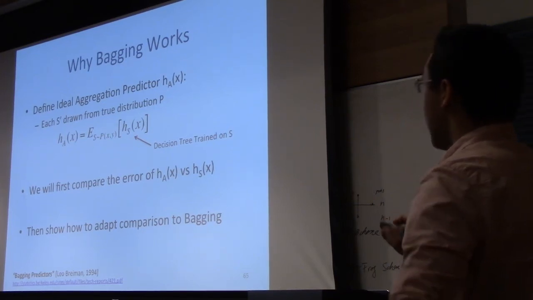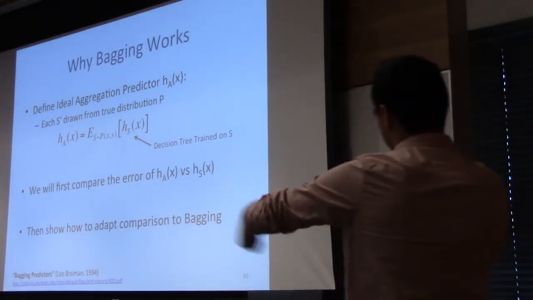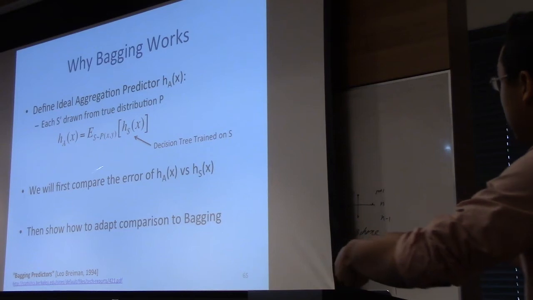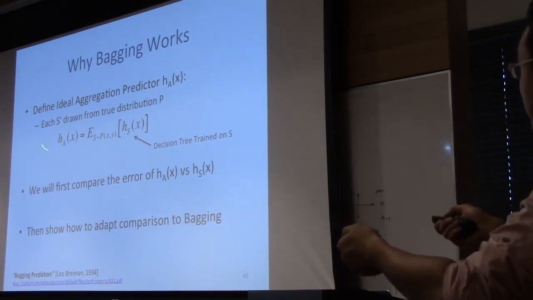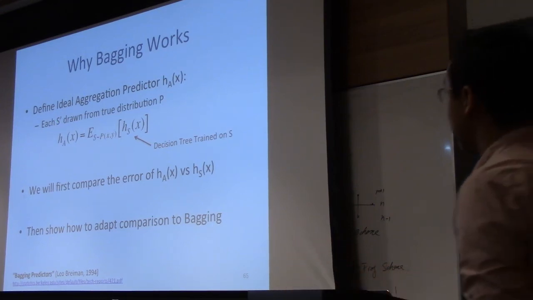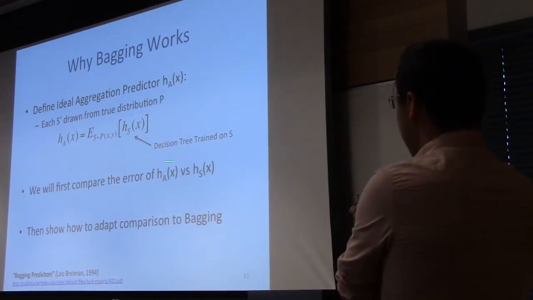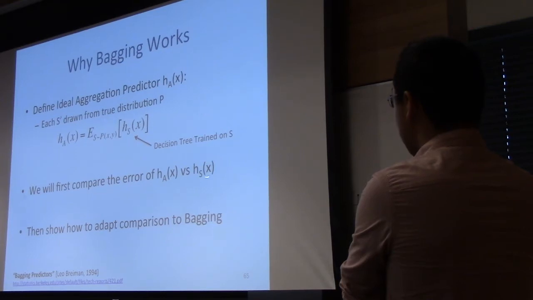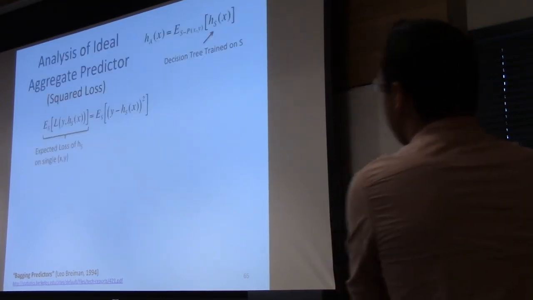If I were given actual access to the test distribution and I sample training sets of size 100 or whatever this training set size is, then I could compute this quantity, which is the ideal aggregate predictor. So you can think about how an individual decision tree trained on a single training set sample will compare versus the aggregate.